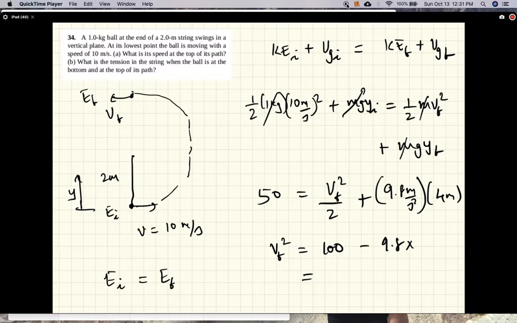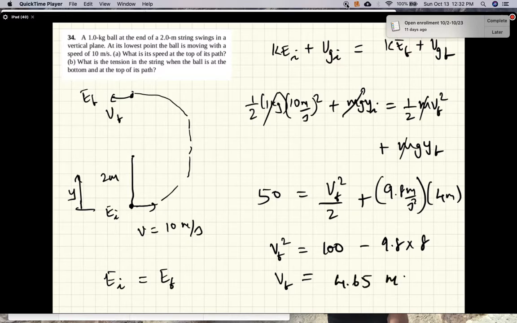So 9.8 times 8, and so V final works out to 4.65 meters per second. Okay, that's the speed of the ball at the top.